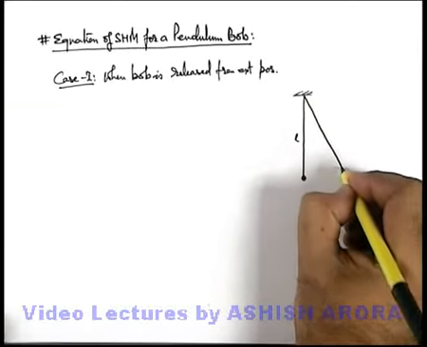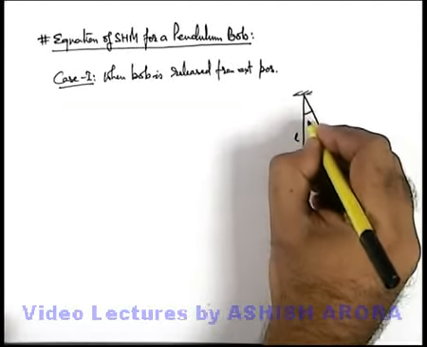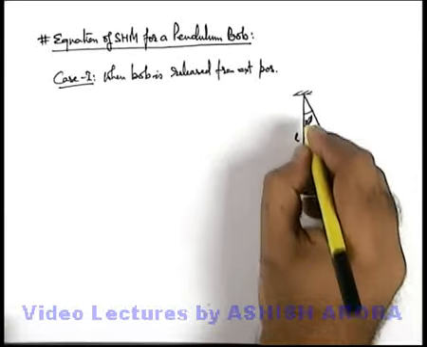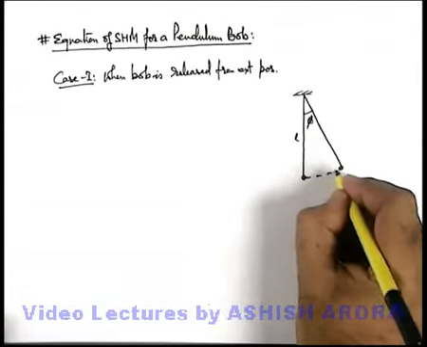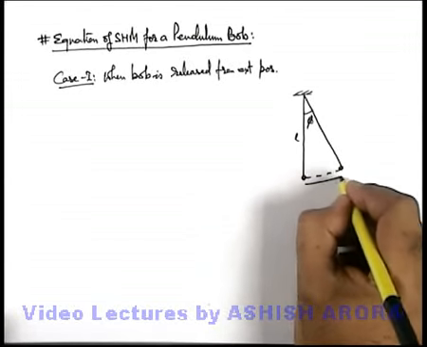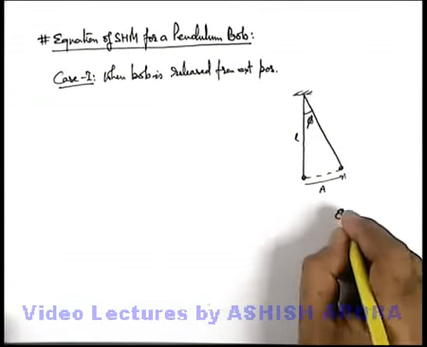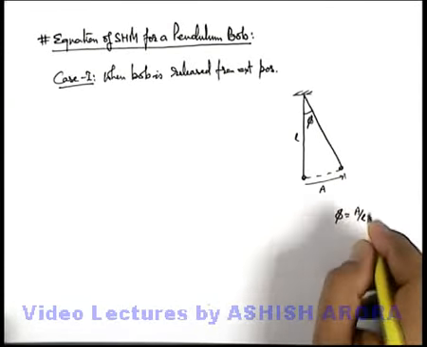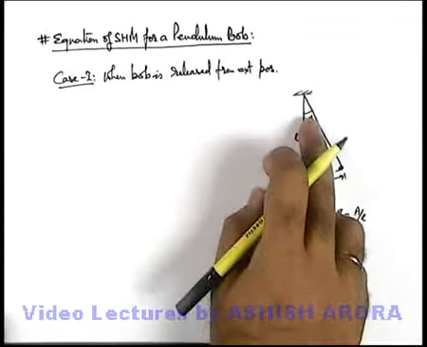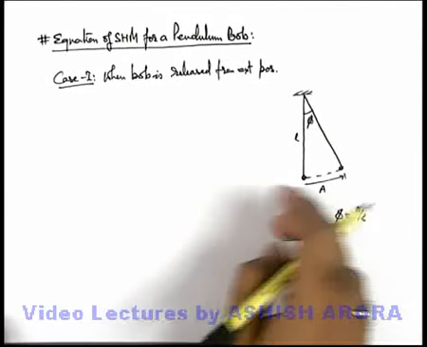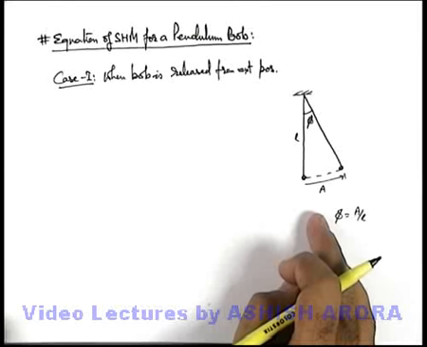The bob is displaced by an angular displacement, say phi, or say the displacement of the bob from equilibrium position is A, where we can write phi is equal to A by L if we wish to relate amplitude with the angular amplitude or the angular displacement for extreme position.